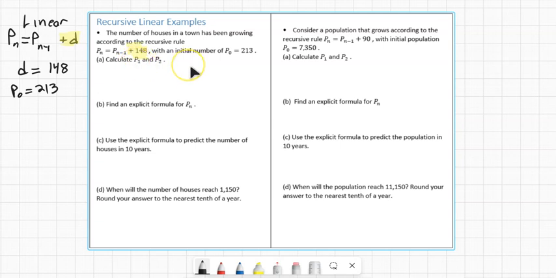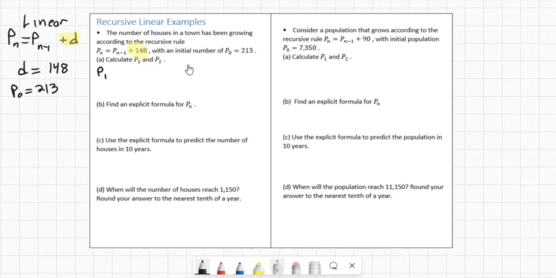P sub 1. Now to find P sub 1, basically what we need to do is plug in 1 for the n. When we do that, we get P sub 1 equals P sub 1 minus 1. Now 1 minus 1 is 0. So this is P sub 1 equals P sub 0 plus 148.